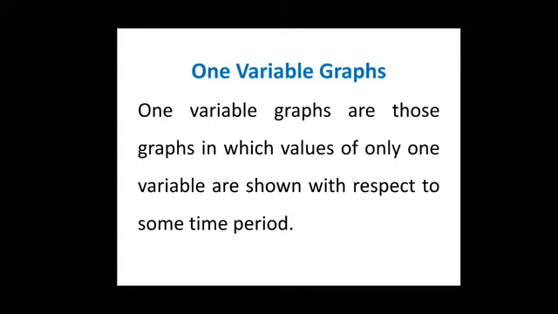One variable graphs are those graphs in which values of only one variable are shown with respect to some time period. Or we can say, when only one variable is to be presented with respect to some time period on a graph paper, then one variable graphs are used.